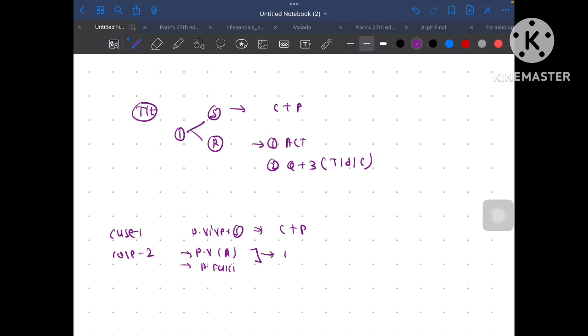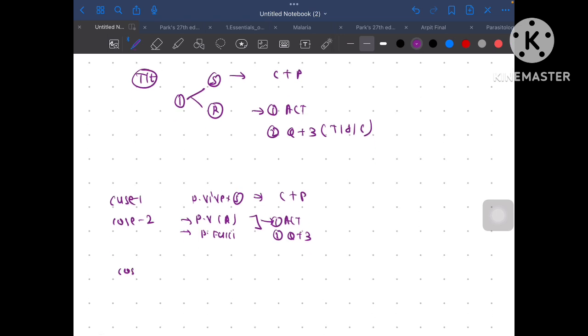In this condition, we use ACT, or quinine plus 3, any one drug from the 3. Case number 3 is the emergency condition, severe malaria or cerebral malaria, in which we use IV quinine or IV artesunate. This is in the normal population.